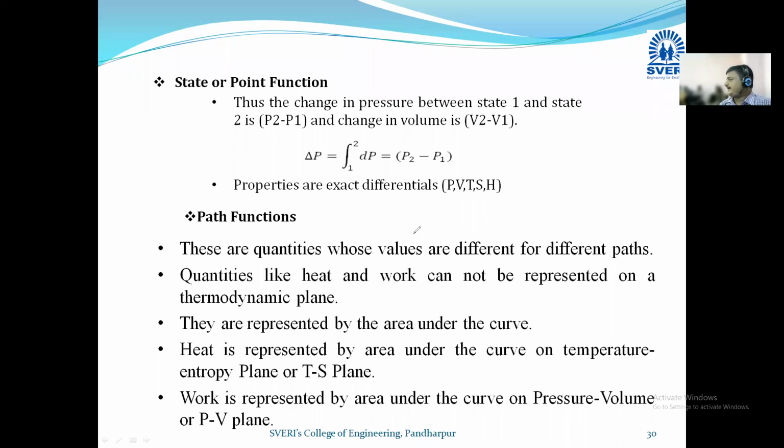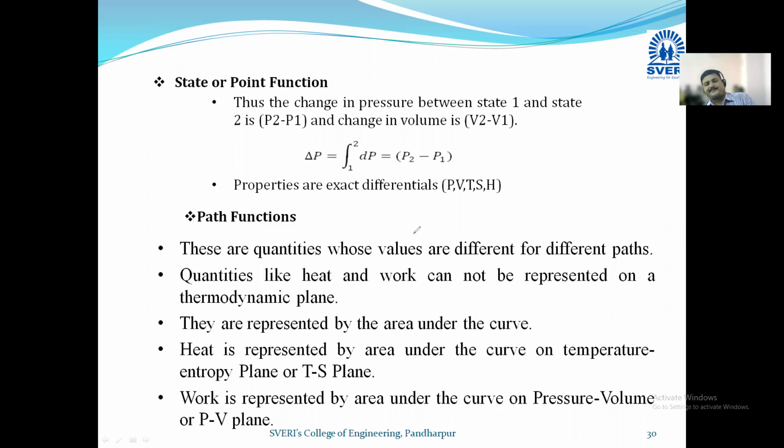काही क्वांटिटी ज्या आहेत त्या क्वांटिटी त्या कर्वच्या अंडर असलेला जो एरिया आहे त्या एरियानी रिप्रेझेंट केले जातात. For example, heat is represented by area under the curve on temperature entropy plane, that is known by the name of TS plane or TS diagram.